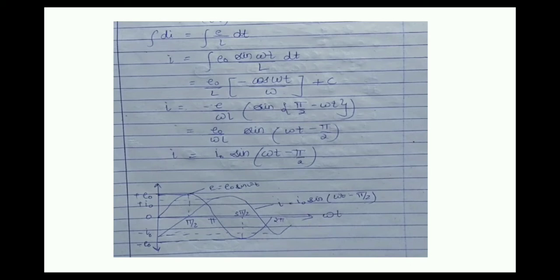The above equation gives the alternating current developed in a purely inductive circuit when connected to a source of alternating EMF. Comparing equations 1 and 3, we find that the alternating current I lags behind the alternating voltage E by a phase angle of pi by 2 radians, that is 90 degrees, or the voltage across L leads the current by pi by 2 radians, as seen in this graph where we have E or I on the y-axis and omega t on the x-axis.